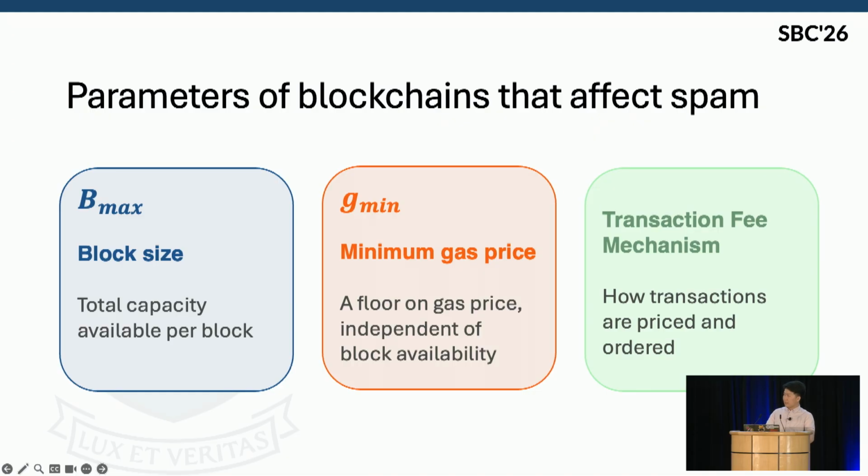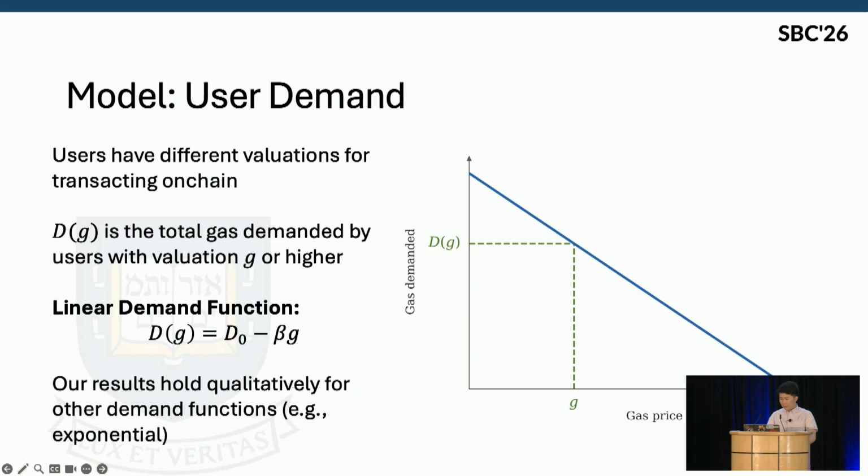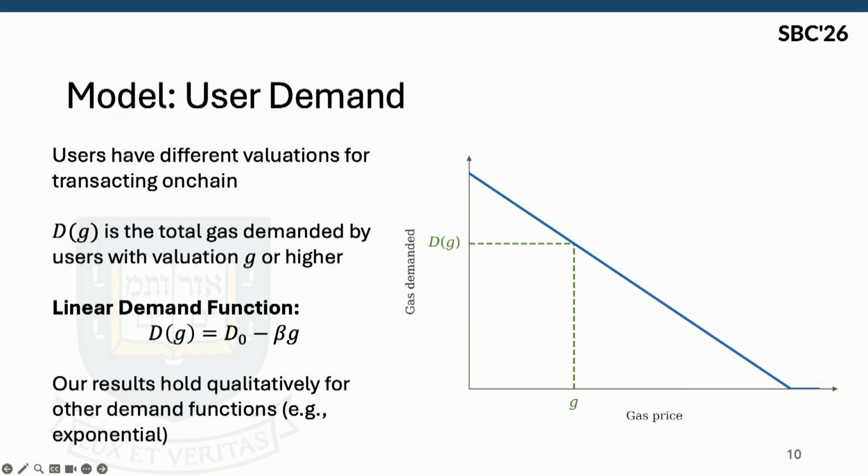So as we have identified some of the potential candidates for what shapes the spam, I'm going to talk a little bit about the model that we use to proceed with our analysis. Firstly, I'm going to introduce the user demand model. We assume that different users may have different valuations of the transactions that they have on the block.